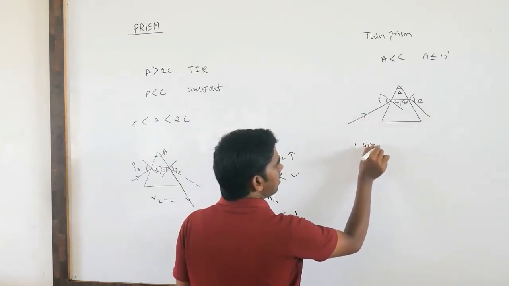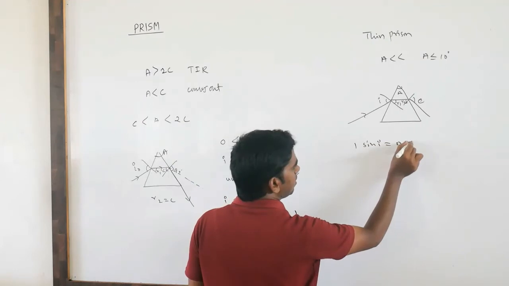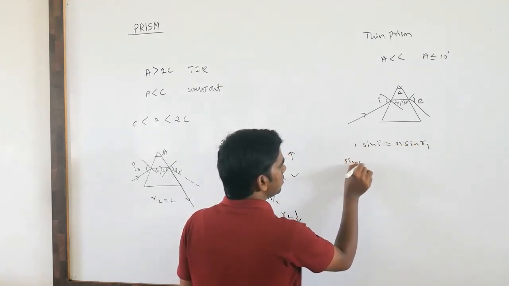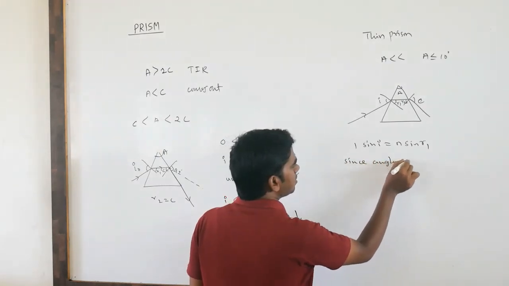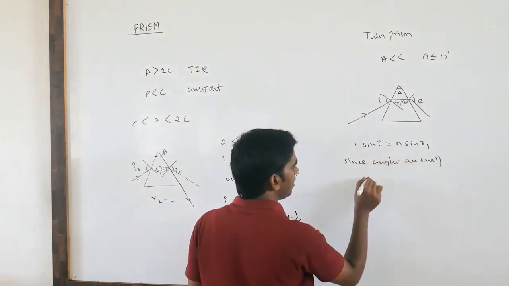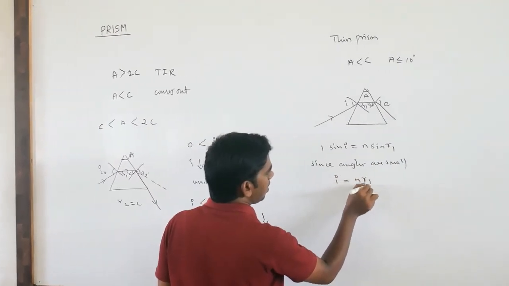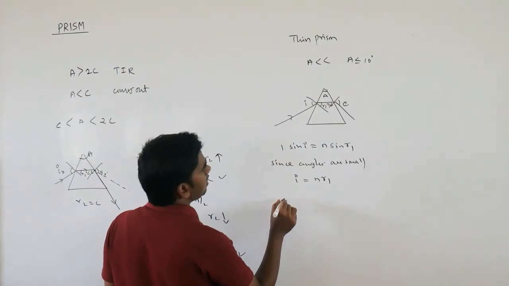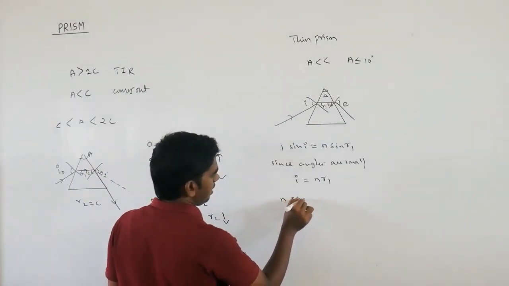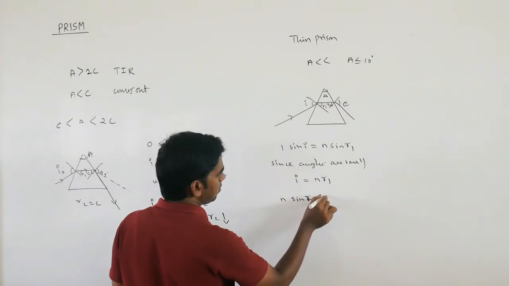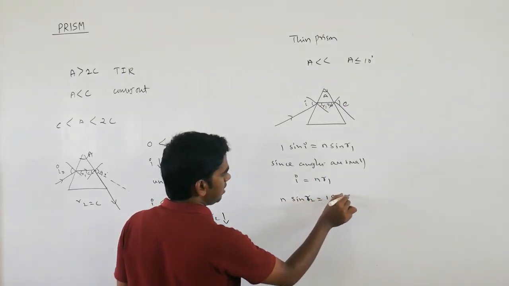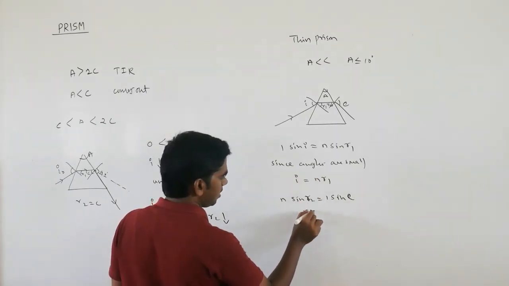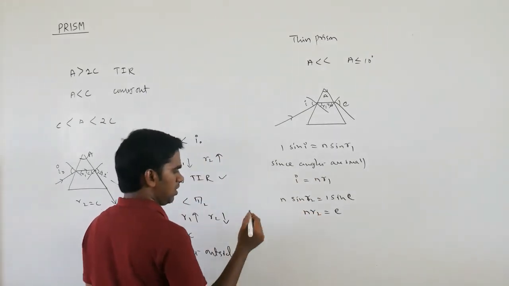1 sin I equals n sin R1. Since angles are small, you can write it as I equals n R1. Similarly, n sin R2 equals 1 sin E, so again since angles are small, n R2 equals E. So what is the deviation?